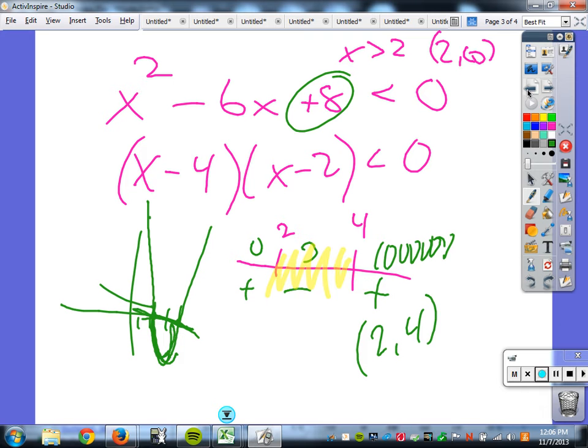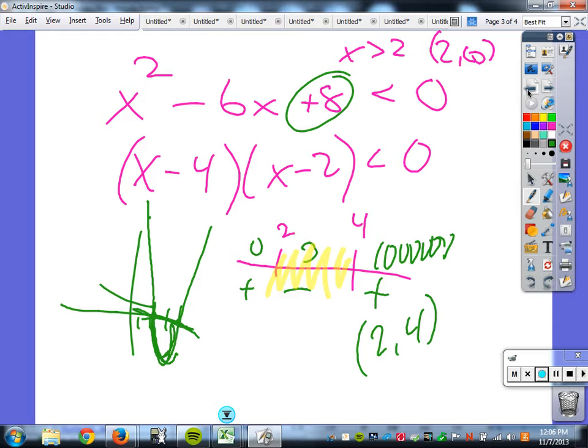If I picked 5, notice what it would come out to be. Is that a true statement if I pick 5? How about if I pick 3? If I plug this in, would that make it a true statement? Yes. What if I pick 2.5? Sure. What if I pick -1? Would that be a true statement?